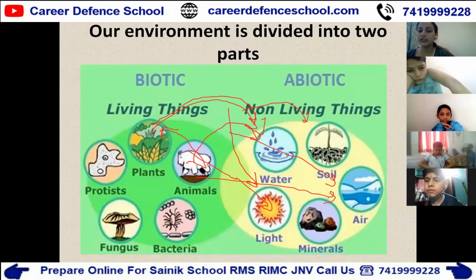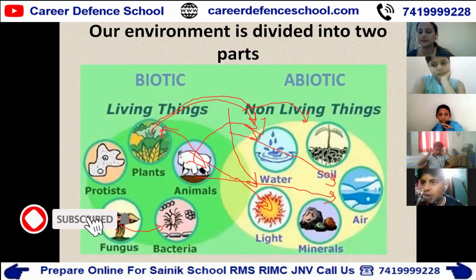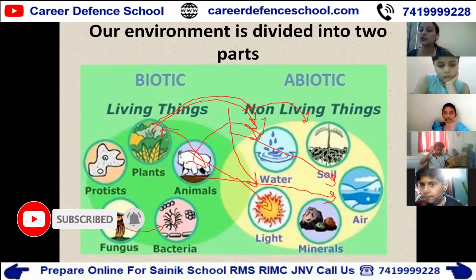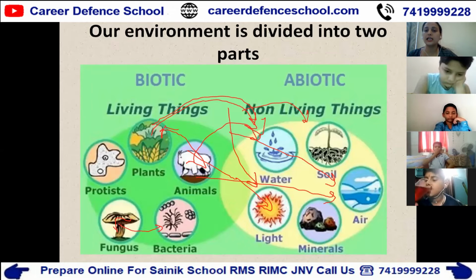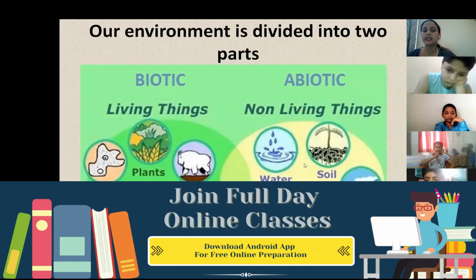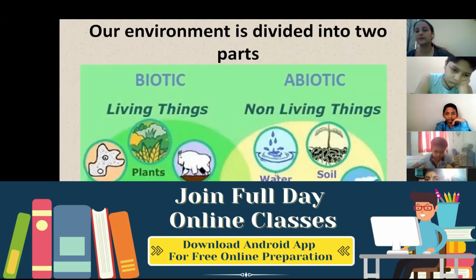Okay, when we interact with these organisms, that term is called ecosystem. Let us see, bacteria and fungus cannot survive without dead organic matter. They are dependent on organic matter. So when we depend on abiotic things or biotic things, that term is called ecosystem.